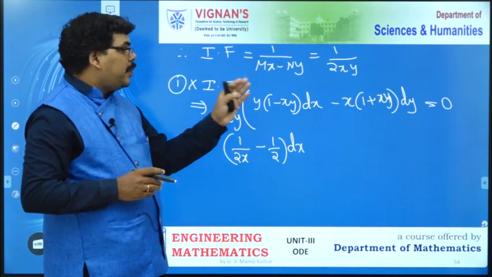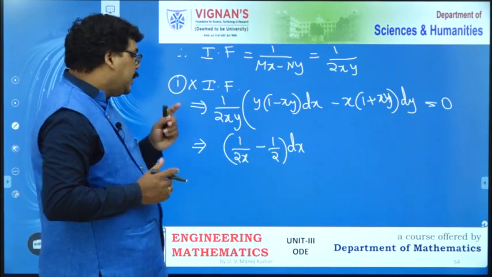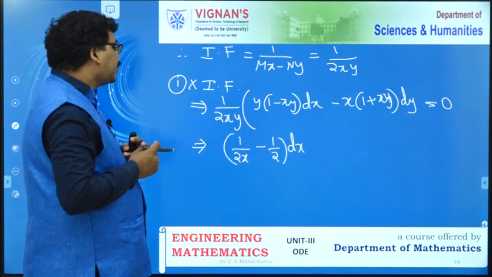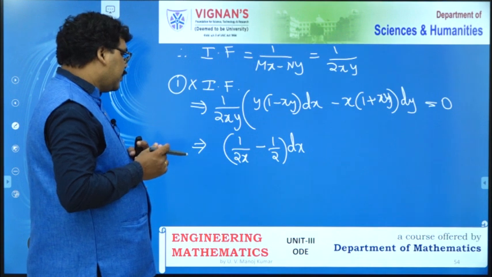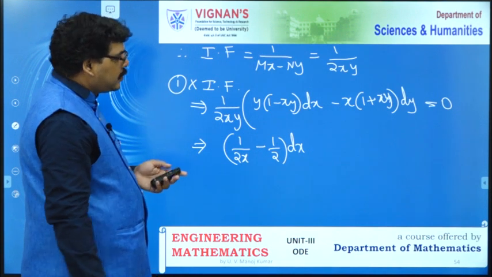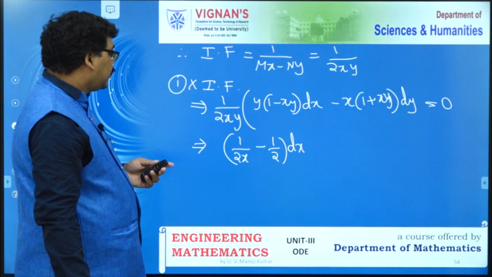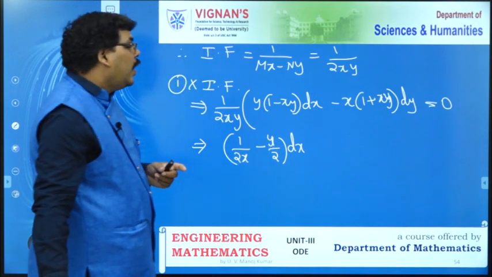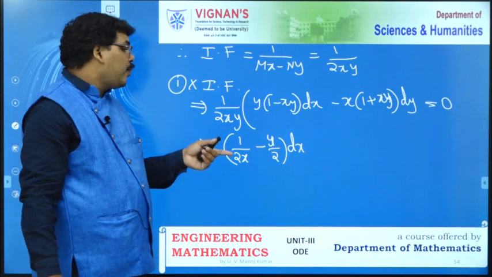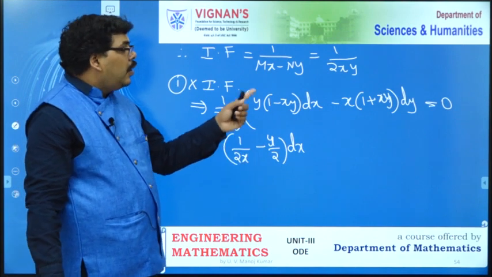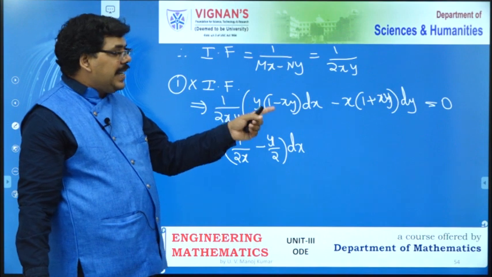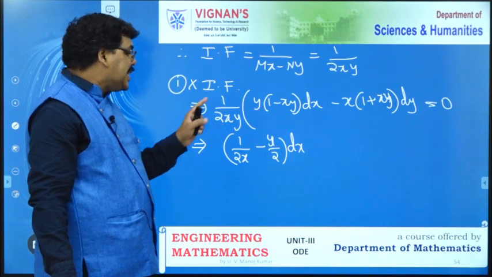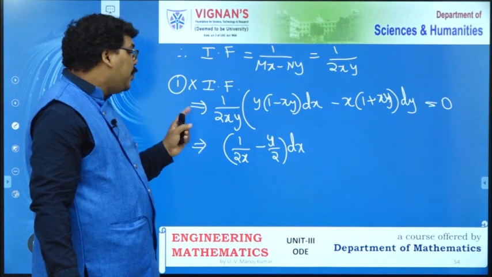Then when you multiply 1 by 2xy inside, minus x by 2xy, x cancels, 1 by 2y.